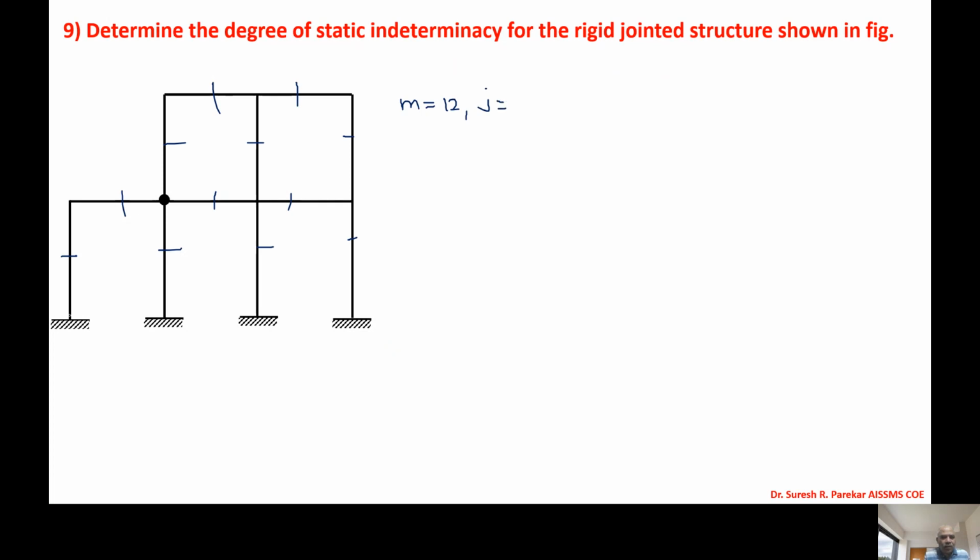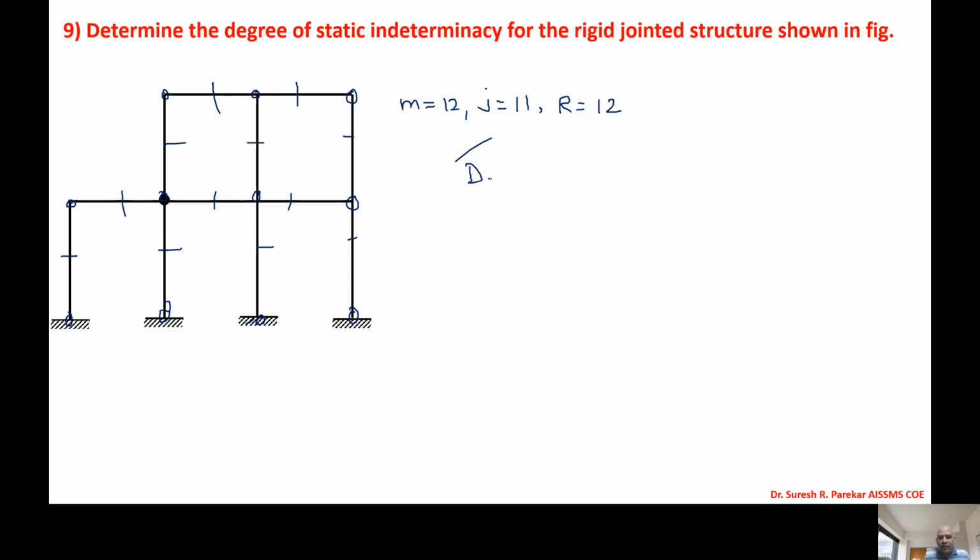J we have 1, 2, 3, 4, 5, 6, 7, 8, 9, 10, 11. So we have J equal to 11, and then R, all four are fixed supports, so we have 12.